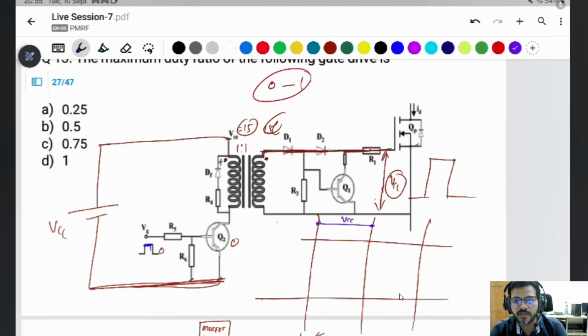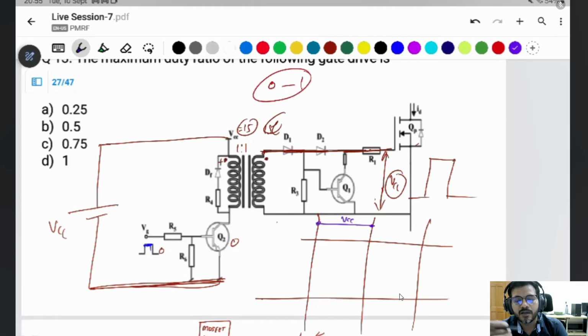A transformer does not work on the DC side because of this only. There is no flux balance; there is an increasing flux and no variation. In AC, there will be positive and negative voltage. That's why in the positive time the flux will be charged; sorry, the core of the transformer will be charged.